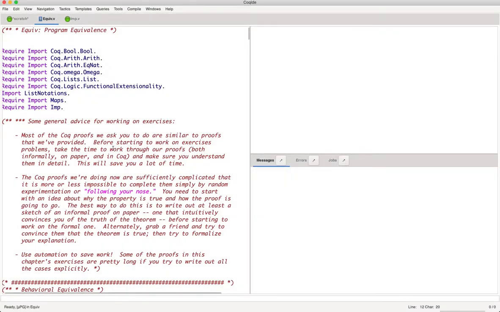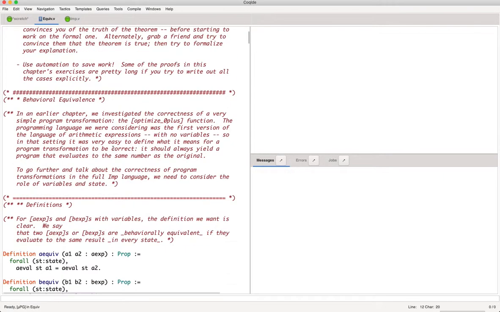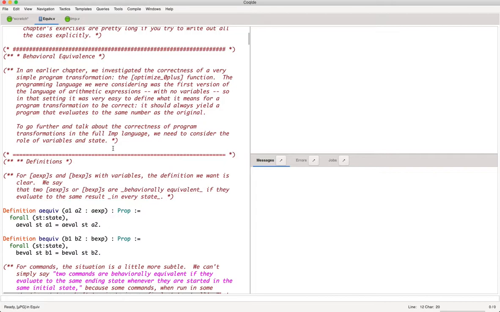Okay, so we'll start off by talking about what equivalence might mean. So it's this behavioral equivalence. You can think of it informally as, if I run a program or an expression or something, the same thing happens for two different expressions.